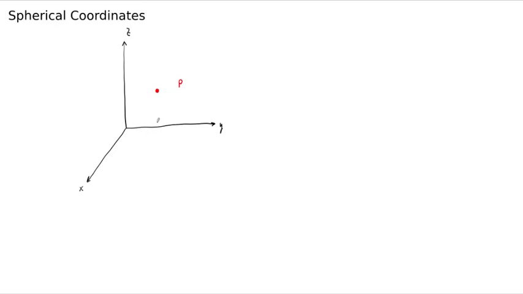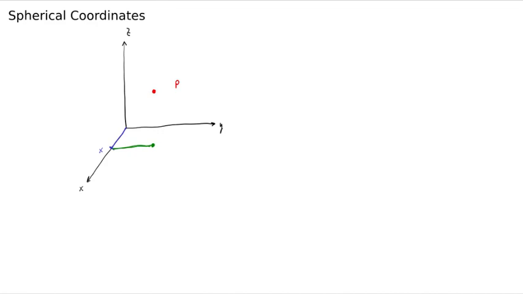So let's say we have a point P here. We know how the rectangular coordinates work. I'll sketch the little picture here. But the idea is that in rectangular coordinates, this point has an x value. It has a y value, so this gets us over to some point that's supposed to be directly below the point P in the z direction.